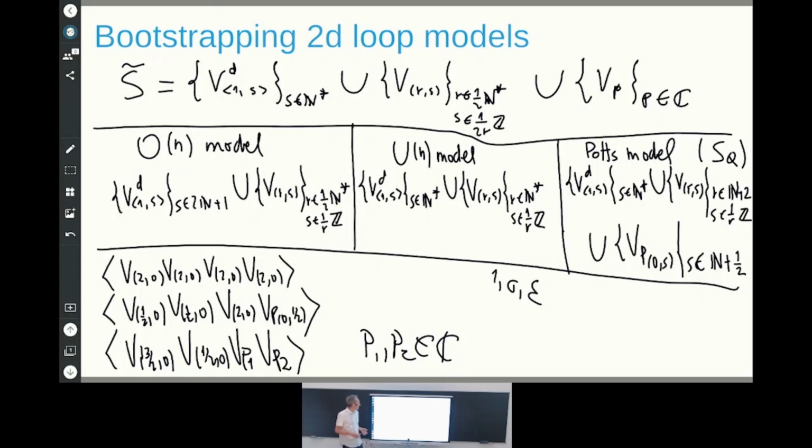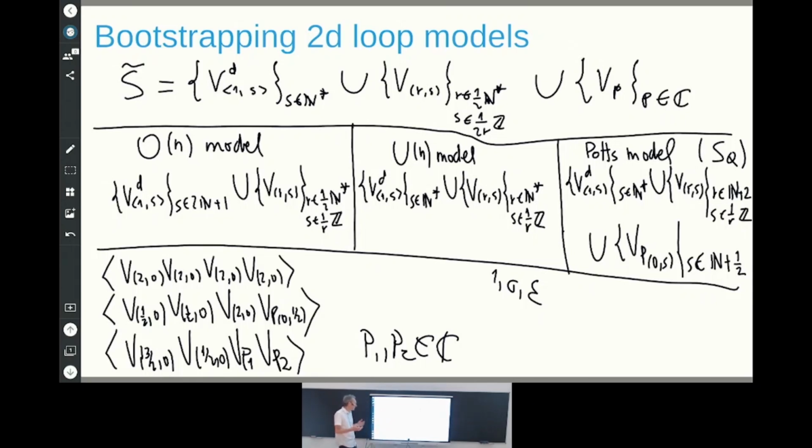In fact, you can view the Ising model as essentially the Q equals 2 case of the Potts model, where you have infinitely many other primary fields, which describe non-local objects in this Ising model. And so you don't necessarily want to stop at the modular invariant spectrum like that. You can always extend the model.